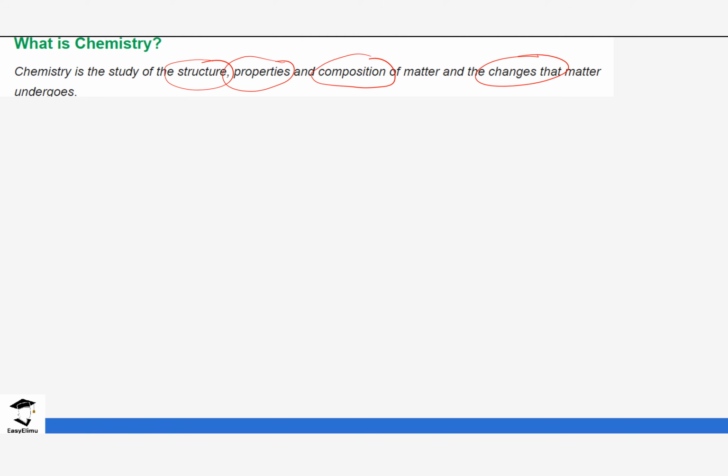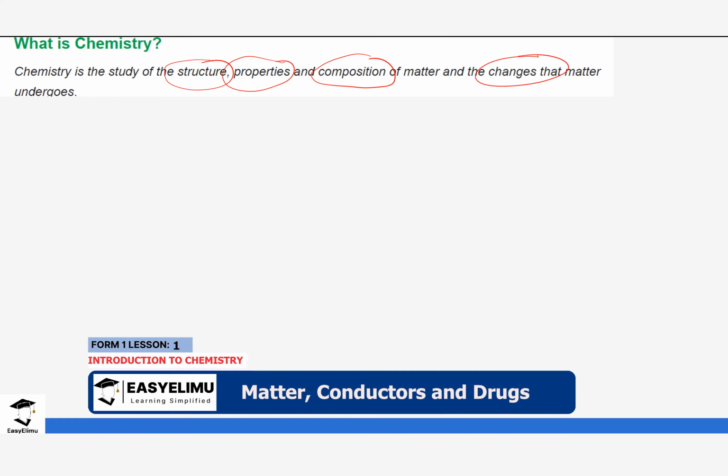We also saw some of the changes of matter when we were discussing in primary school, especially melting, boiling, evaporation, condensation, and freezing. But there are also other changes that matter undergoes that we are going to discuss in chemistry as a whole.